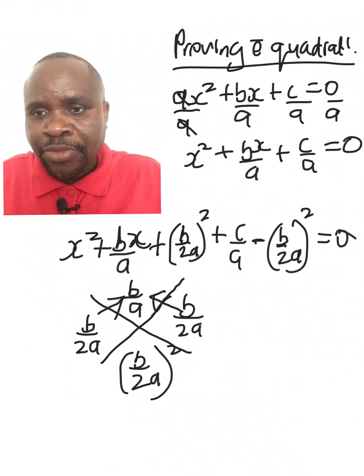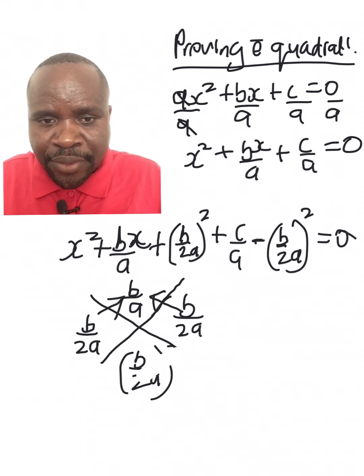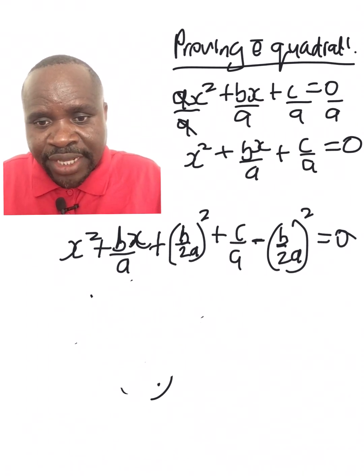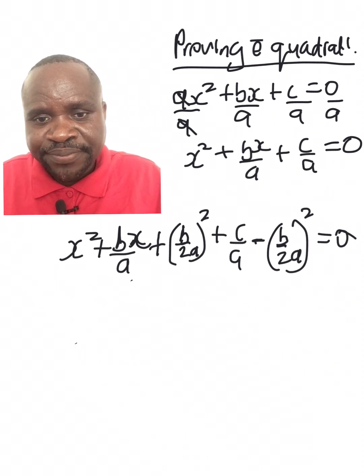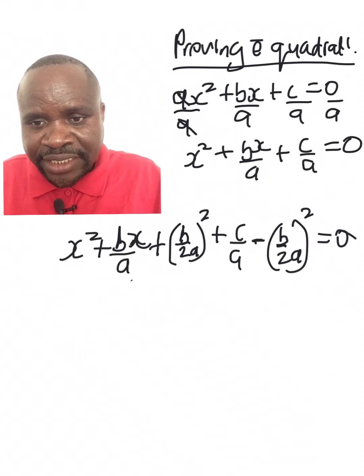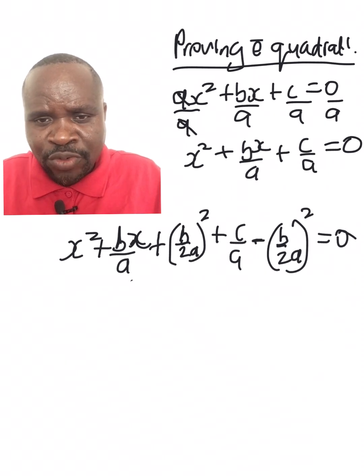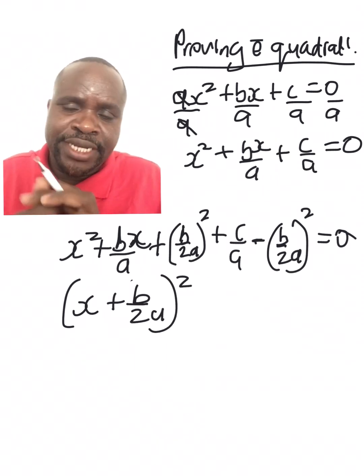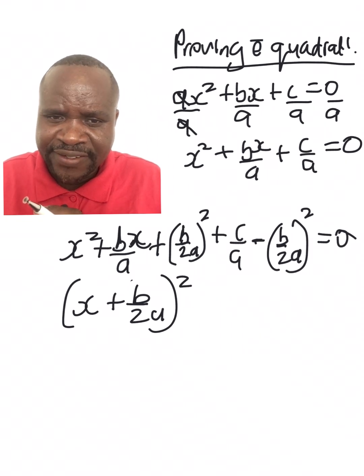So now we are left with this expression in this form. What we need to do now is to look at the first part of the expression and factorize it. It's easy to factorize because you just say x plus b over 2a squared. We have done it.